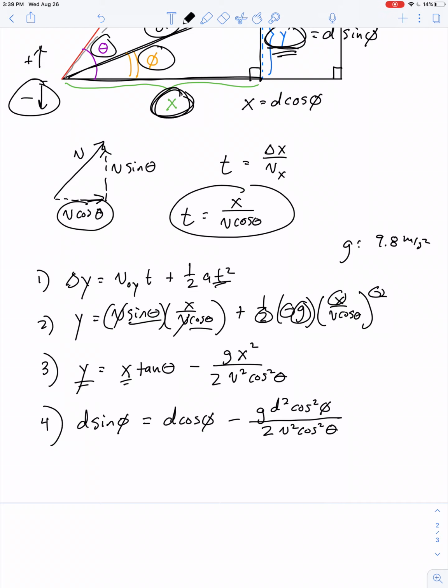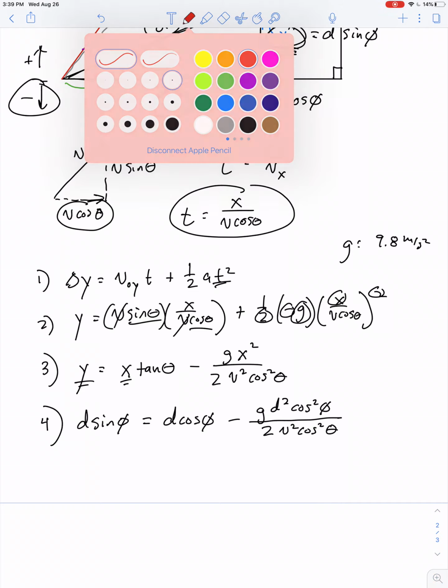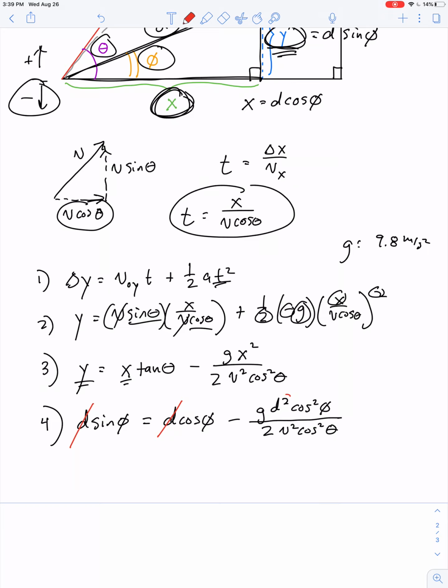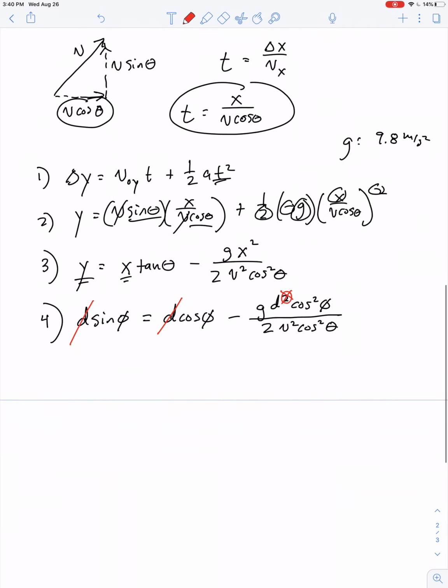Now every term has a d in it, right? So if I divide everything through by d, that d cancels, and it changes the d squared to just a d to the first power. So step 5, let's do this.